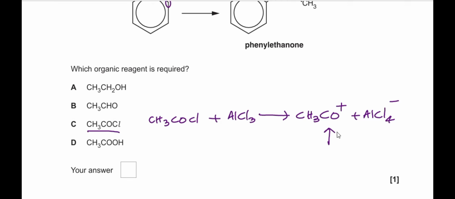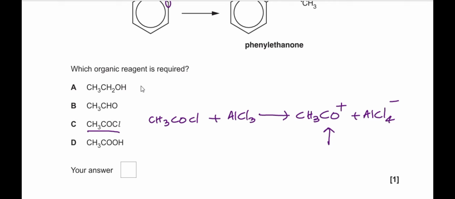This is a very strong positive charge which can create a strong enough electrophile to react with the stable benzene ring. The other reagents mentioned in A, B and D will not be enough to synthesize phenylethanone from benzene ring.